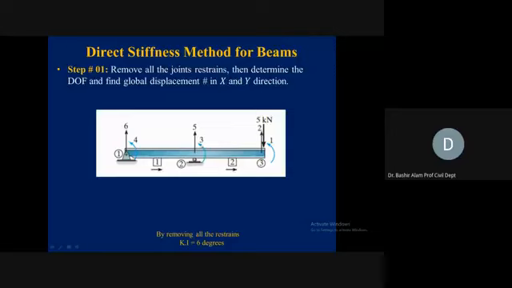And then we come towards the restrained one. So here the rotation is 4. Then we have this 5, and here we have 6. So numbering is up to you, but the order which we prefer is free followed by the constrained one.